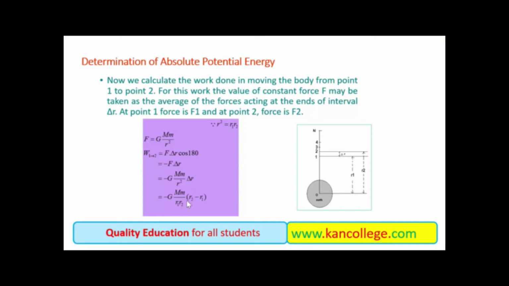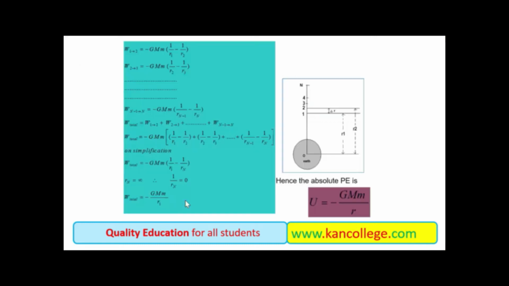When we divide R2 by R1, R2, 1 over R1 will be the result, and similarly minus 1 over R2 will be the result after division by R1 into R2. So work done from first to second point is equal to minus G M m into 1 over R1 minus 1 over R2.